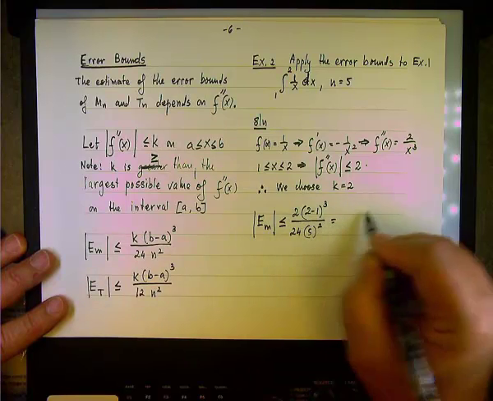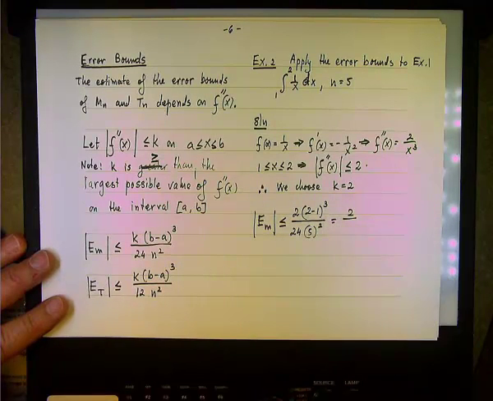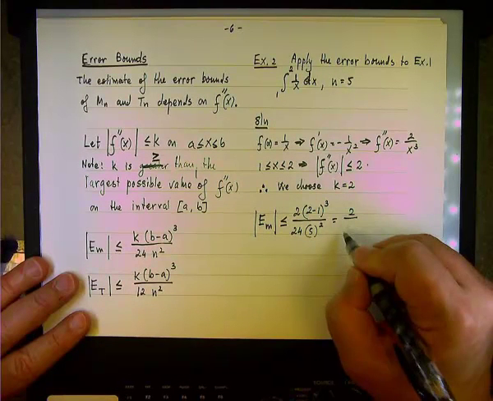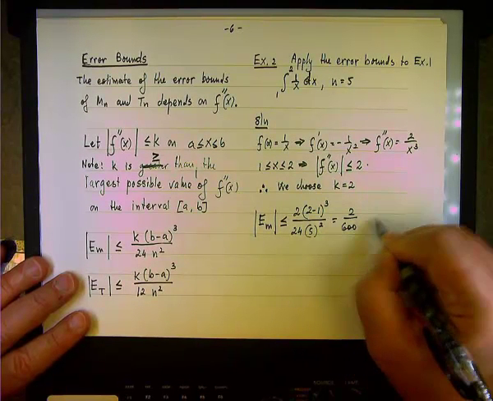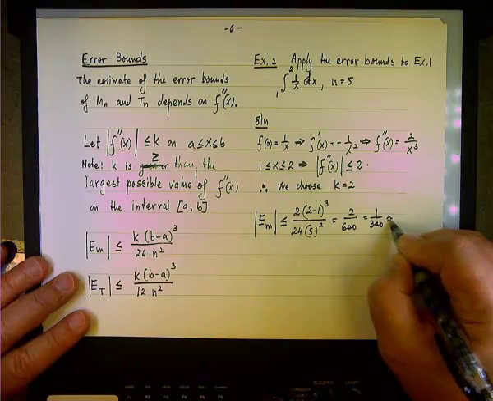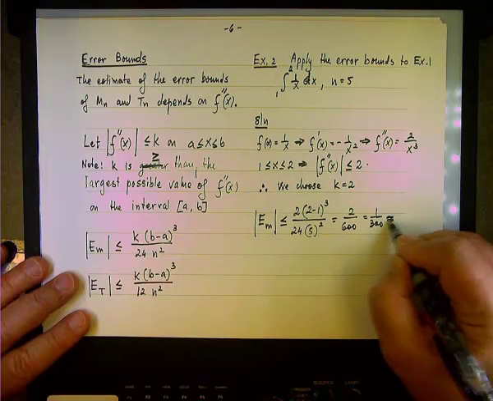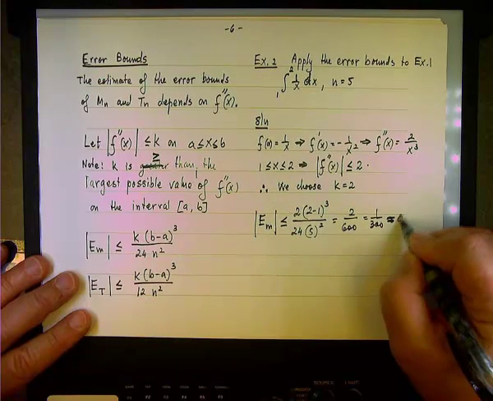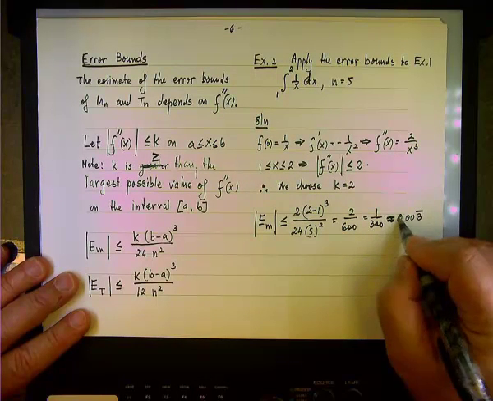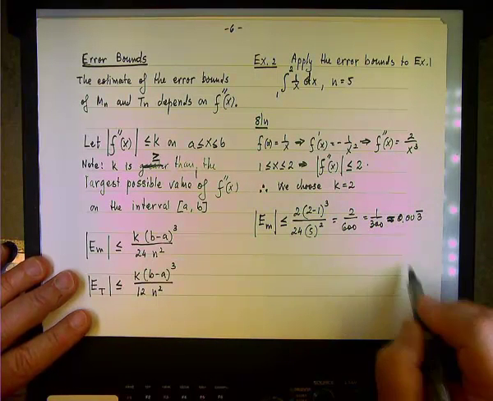That will be 2 over 24 times 25. 24 times 25 is 600, so that's 1 over 300, exactly 0.003 repeated.